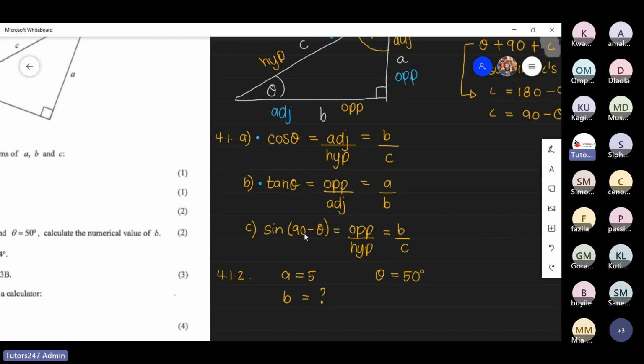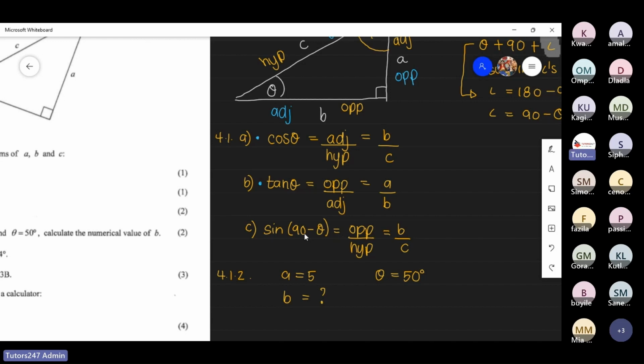You can't use an identity to find B if the identity doesn't have B in it. It's not going to make sense. Now let's have a look. cos theta equals B over C, that has B in it. tan theta equals A over B, that has B in it. And sine 90 minus theta equals B over C, that has B in it. So now everything has B.